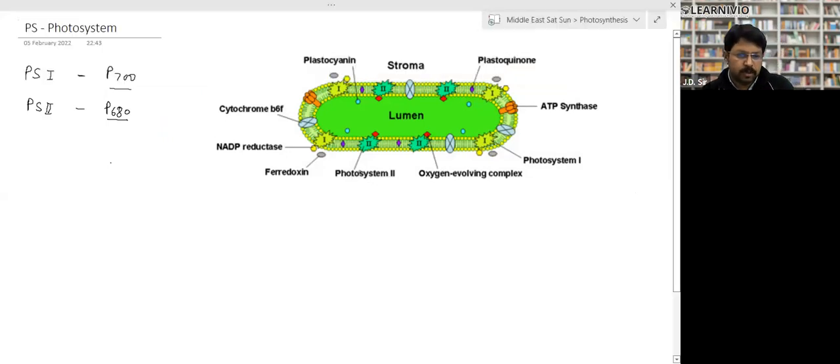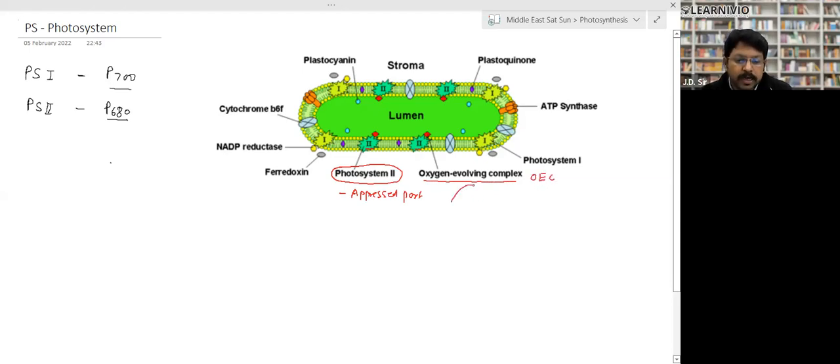Basically, photosystem second is found over here, at the appressed part. Photosystem second also has the oxygen evolving complex, called OEC.